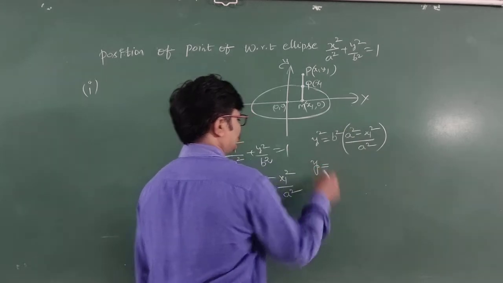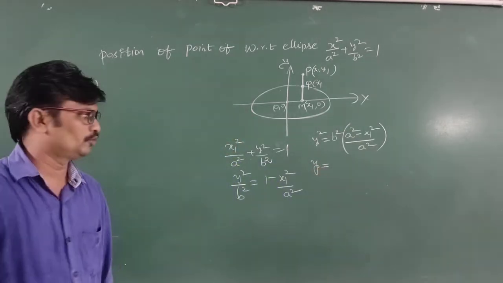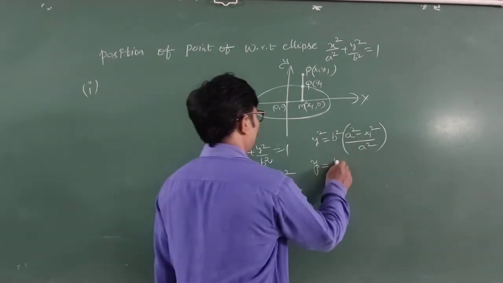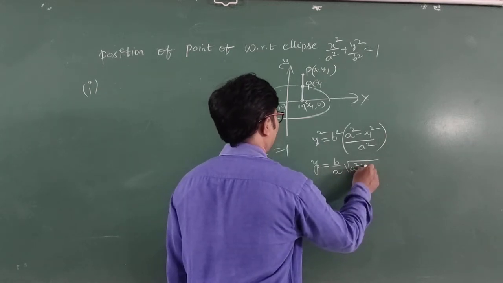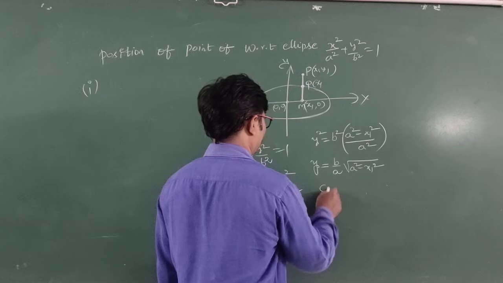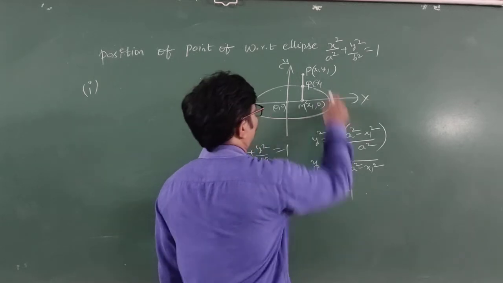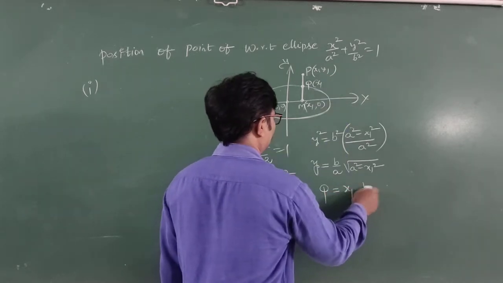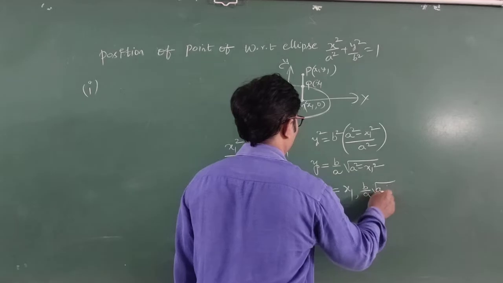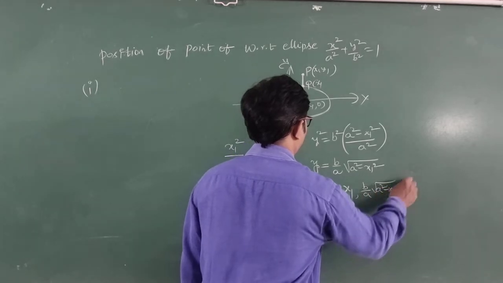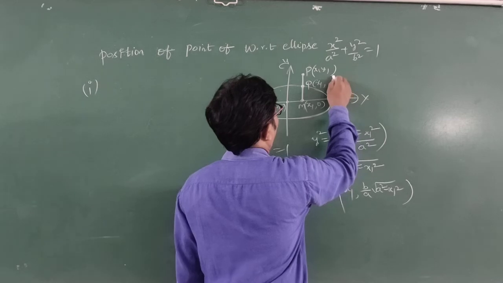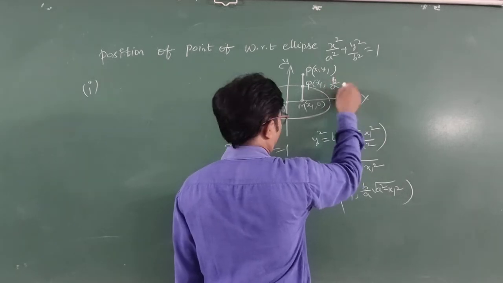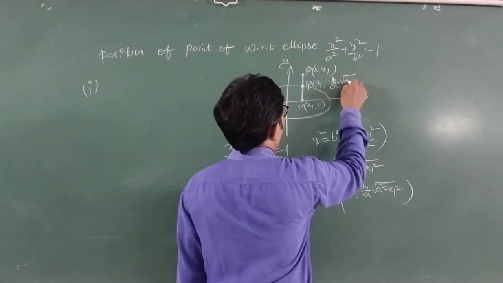So y equals b by a under root of a square minus x1 square. Now the point Q is x1 comma b by a root of a square minus x1 square.